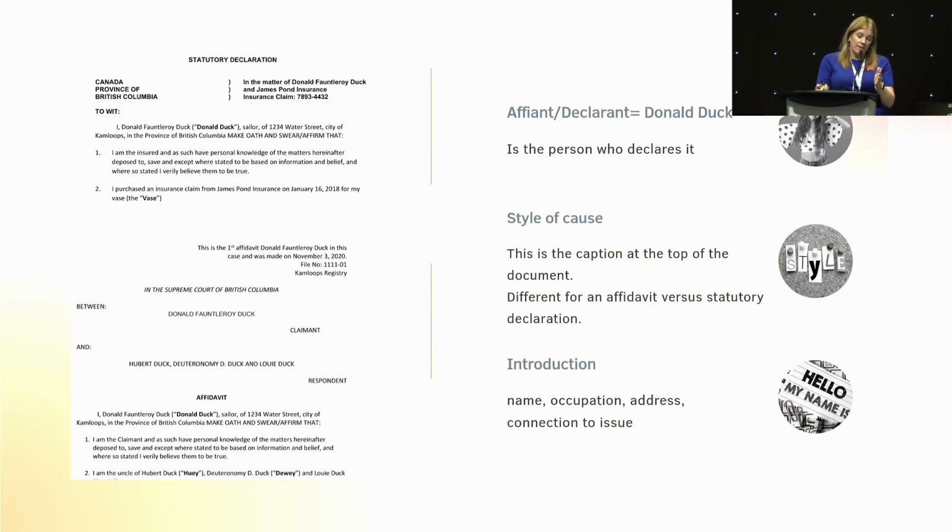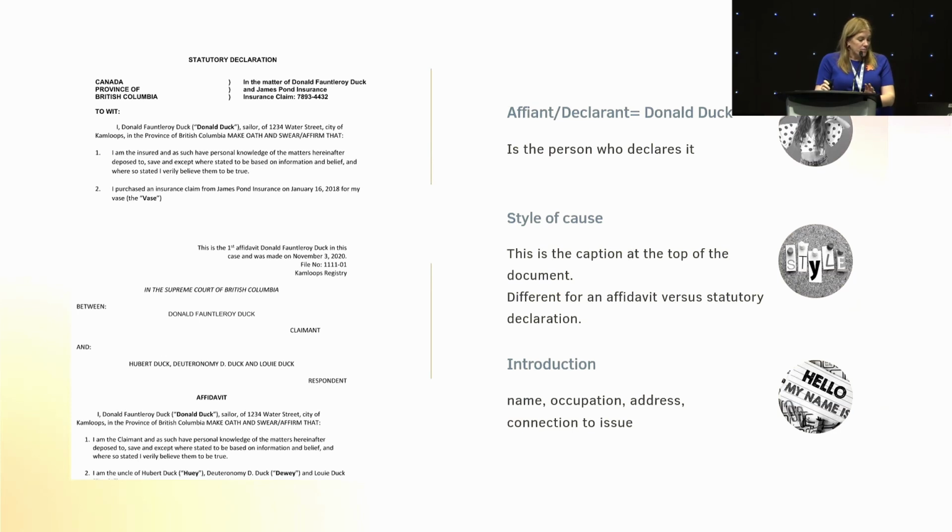For the person who's swearing it, you want their name, you need their occupation, and you need their address. Now, if they're really nervous about putting their address in, you can get away with just putting the city. If it's domestic violence, or you're in family law or something like that, there are ways to get around this, where you put your own address, like the business address, and make it clear in there.